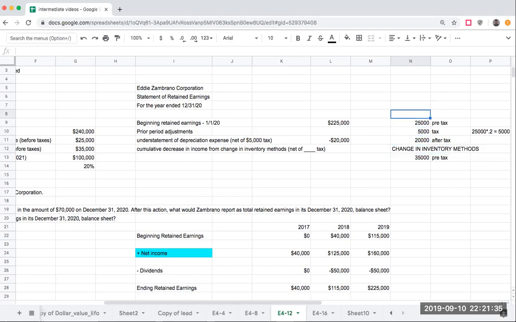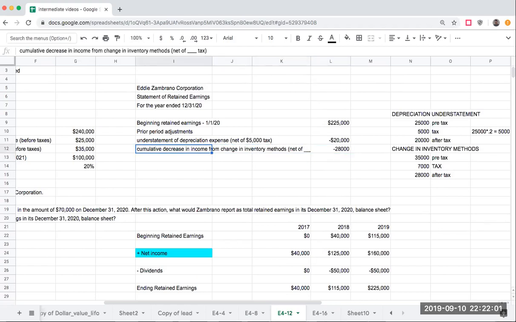This is my depreciation understatement. Over here, this is 35,000 pre-tax. The amount of my tax is going to be 20% of this amount. So my amount after tax is going to be $28,000. So I have over here minus $28,000.